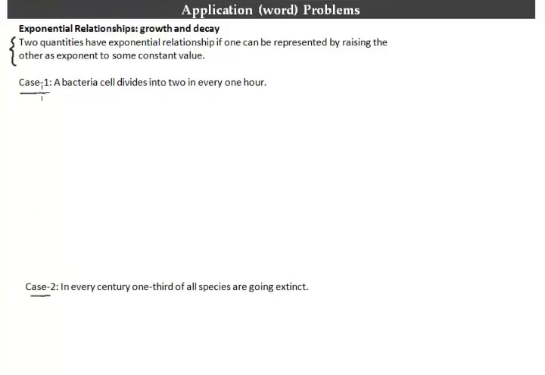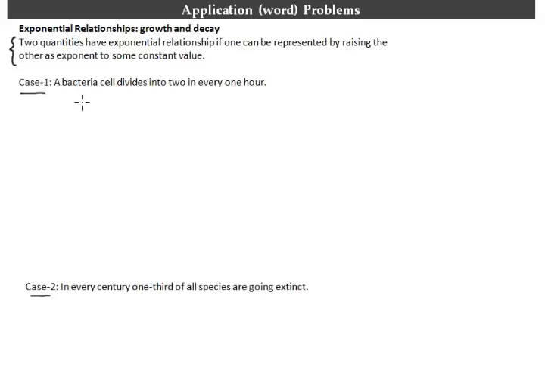So let us first consider this first case. A bacteria cell divides into two in every 1 hour. So we will find the number of bacteria cells after a certain number of hours.